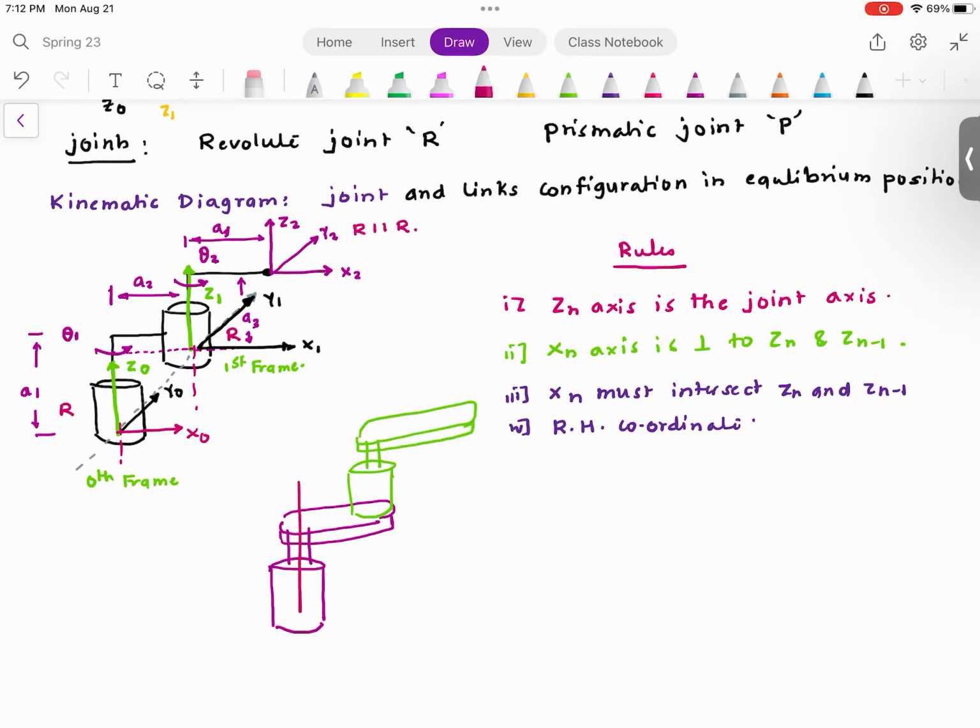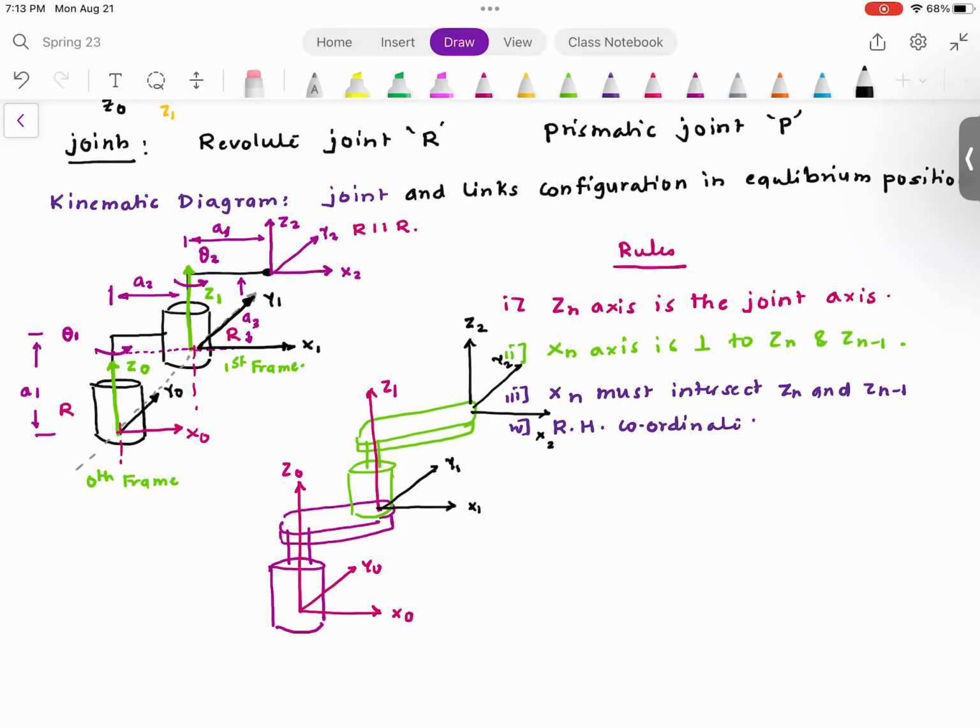This is Z0, Z1, X0, Y0, X1, Y1, Z2, X2, Y2. Is there still any confusion about which direction the offsets are?